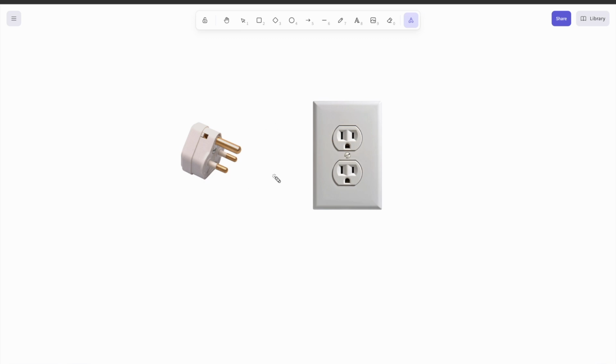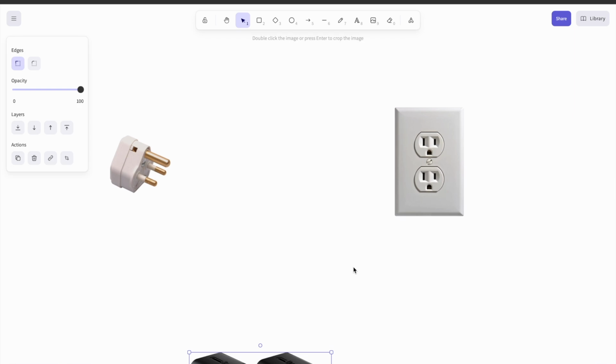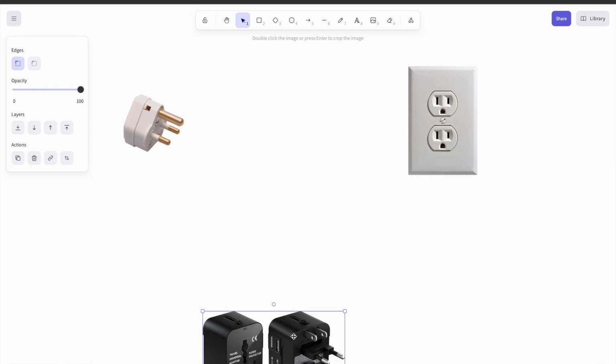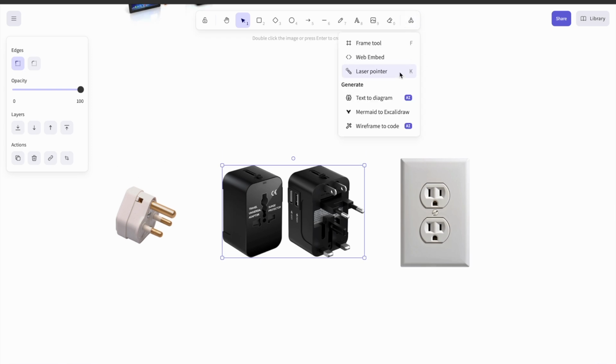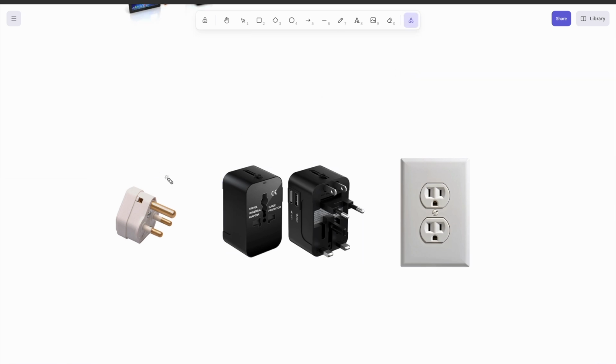So we need to figure out some other entity by which we can insert this plug into this socket. The other entity which we are referring to is the universal adapter. Here, the universal adapter is the intermediary between the plug and the socket.